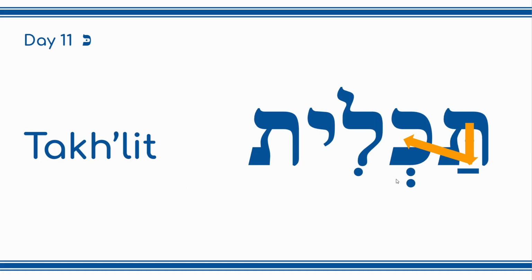And these two dots down here are called a shva, or shiva, and it can make a sound, or sometimes it can be silent. In this case, it's going to be silent, like how Aleph is silent. So that's why I put this little apostrophe over here to tell you that it's silent.